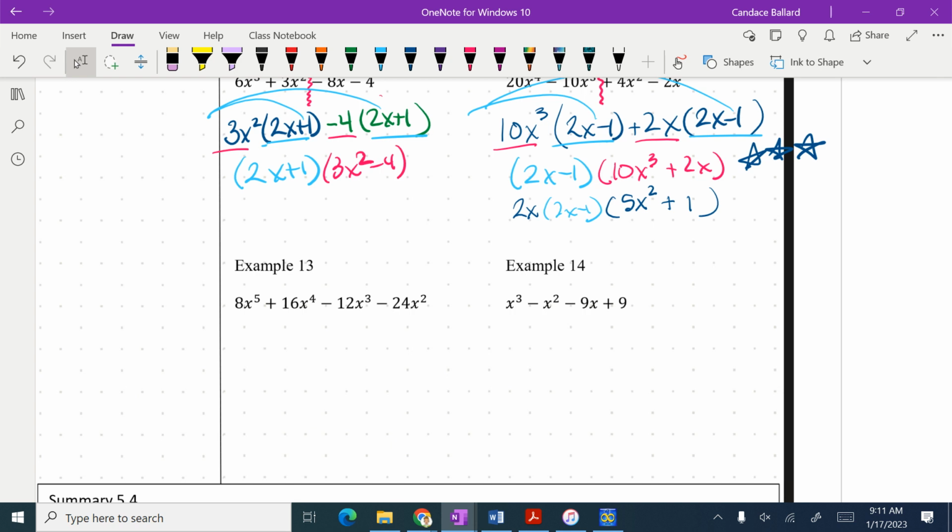First question we're supposed to ask ourselves is, is there a greatest common factor? What is it? Looks like 4x squared. Okay, so let's try pulling that out and see what happens. So 4x squared comes out. That gives me 2x cubed plus 4x squared minus 3x minus 6.